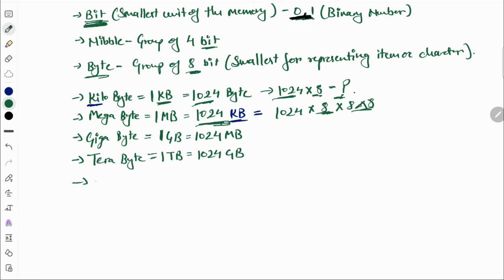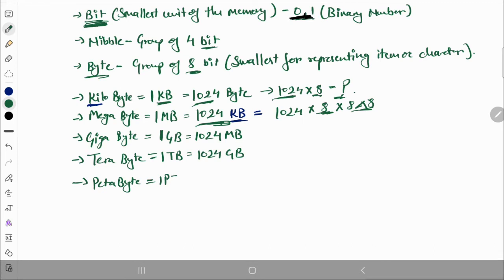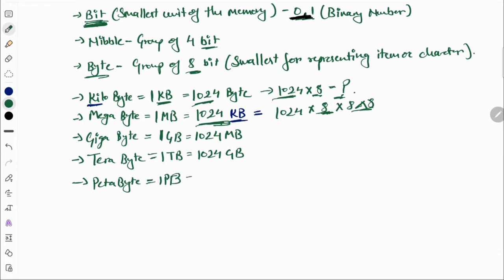Now petabyte. 1 petabyte is equal to 1024 terabytes.